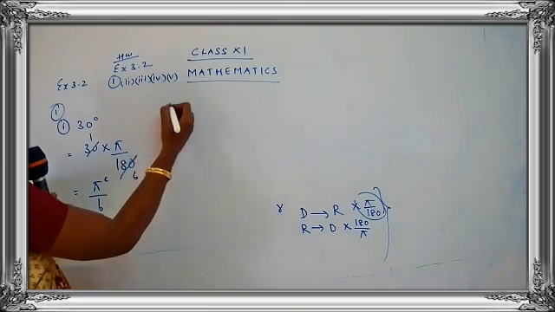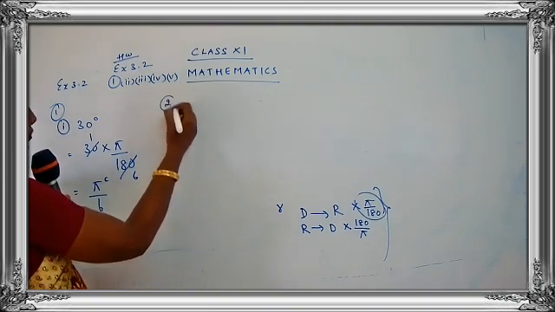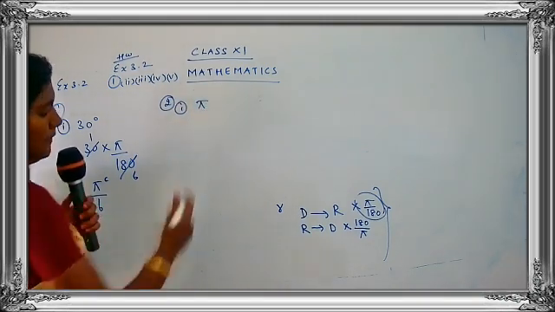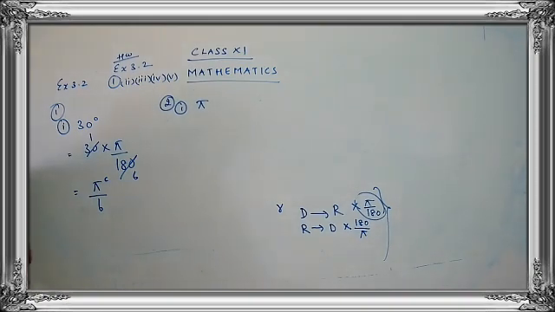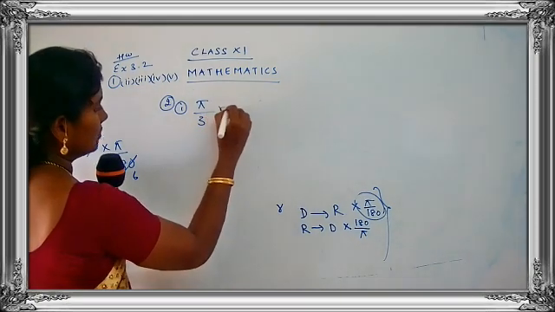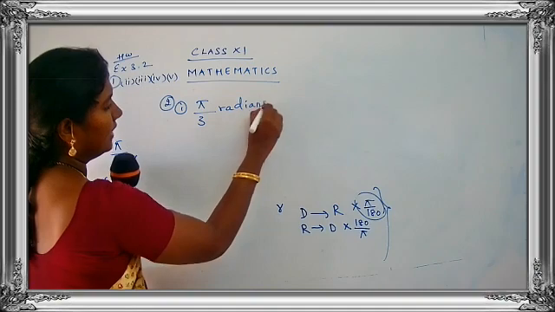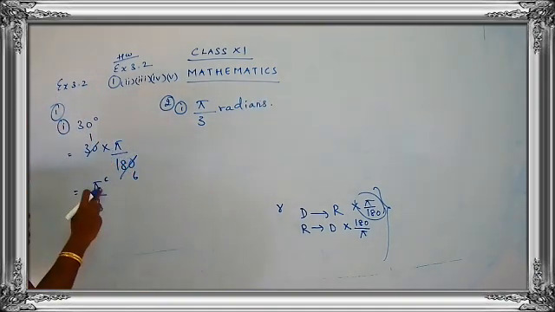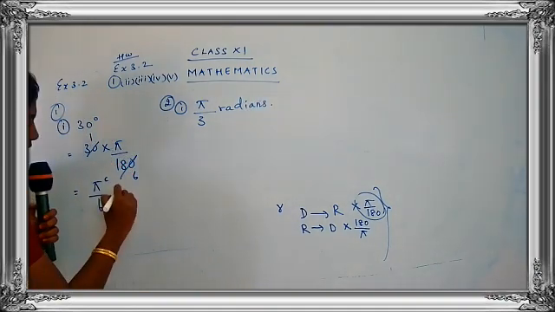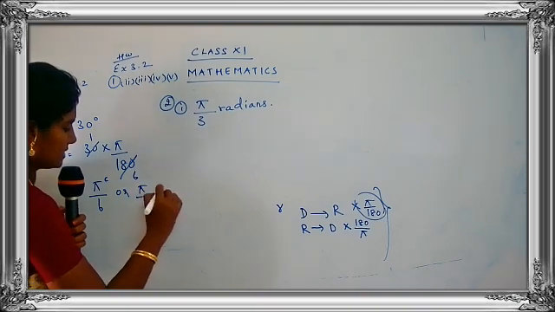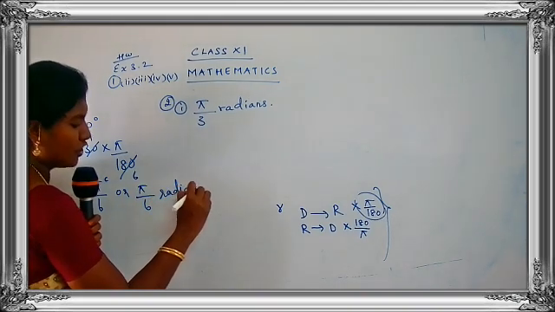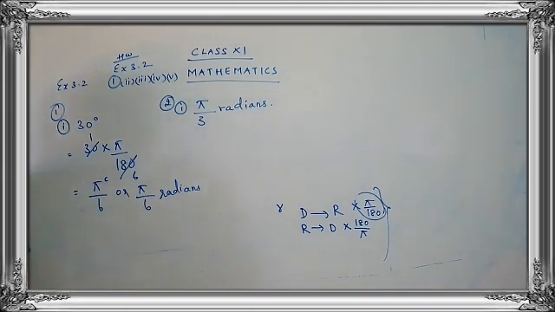So what is the question given to you? Question number 2, it's pi by 3 radians. They have given you pi by 3 radians. Or you can just write pi by 3 c, or you can write pi by 3 radians. So it's your choice. You can use any one of the answers. No problem. So write down the second question, the first subpart.